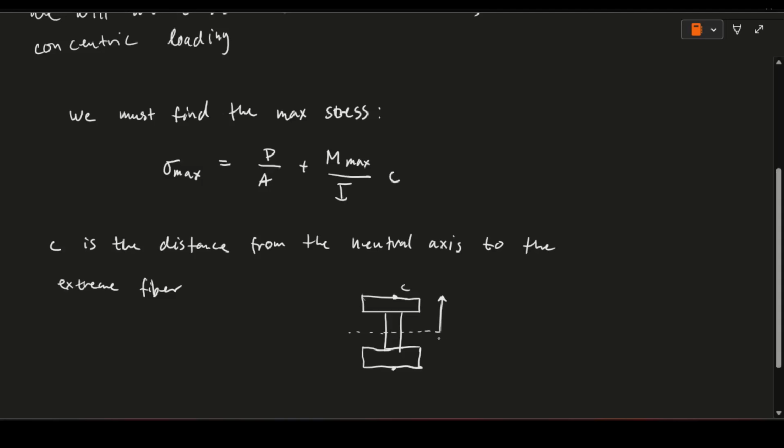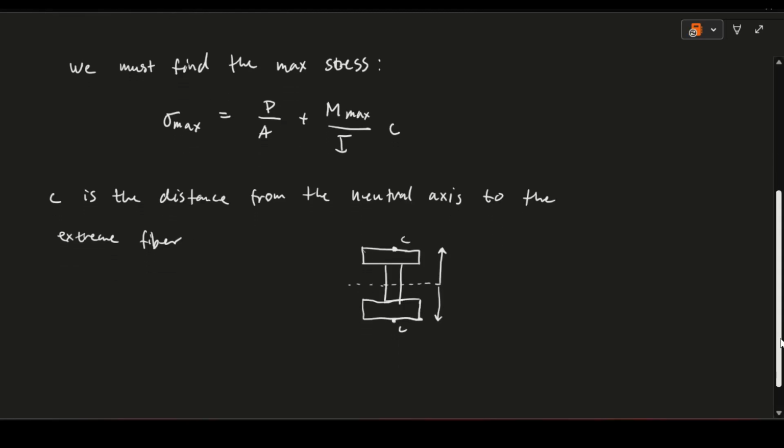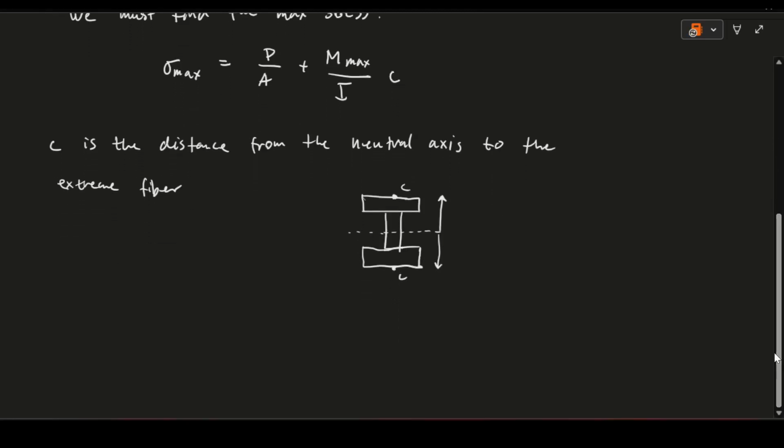And the same with this, this is C. And C can be written as I over S, where S is the section modulus.